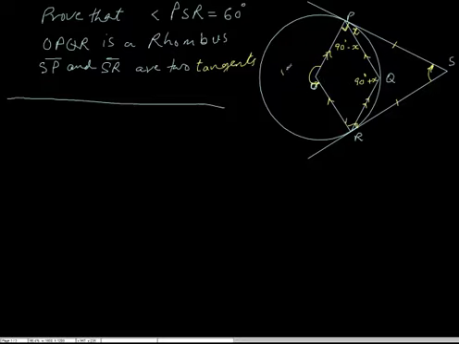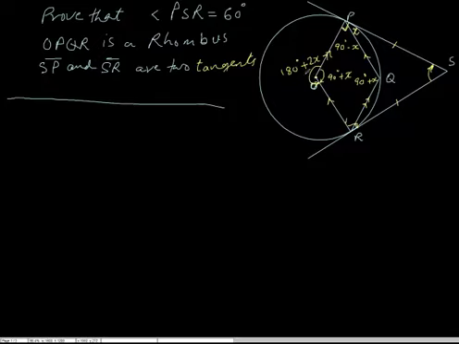So if I double 90 degrees, I get 180, and double x is 2x. In a rhombus, opposite angles are equal, so if that's 90 plus x, this angle has to be 90 plus x degrees too.